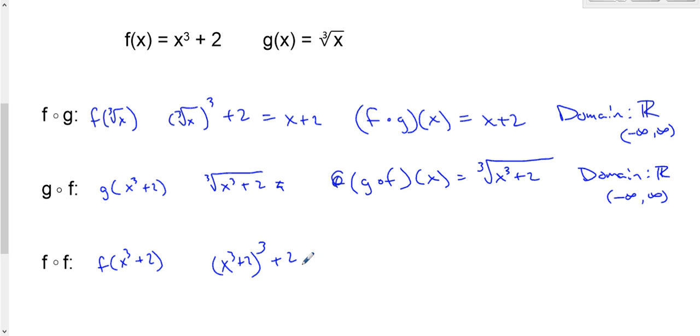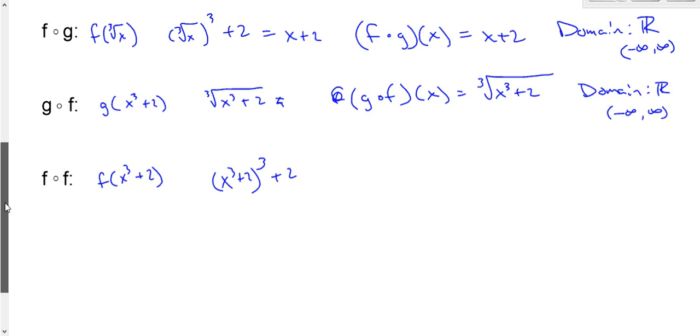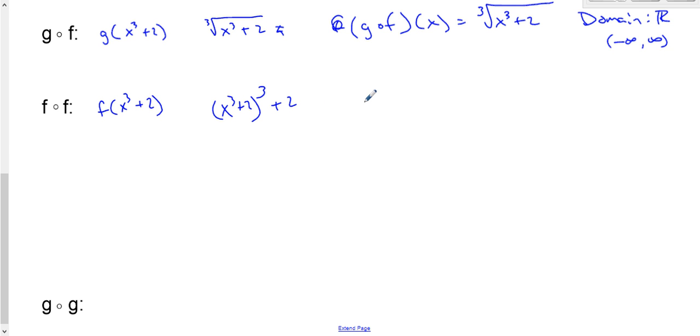And what needs to happen is we need to simplify this. We need to actually multiply this out. So we need to take x cubed plus 2 times x cubed plus 2 times x cubed plus 2. We will start off with just 2 of them and do FOIL.